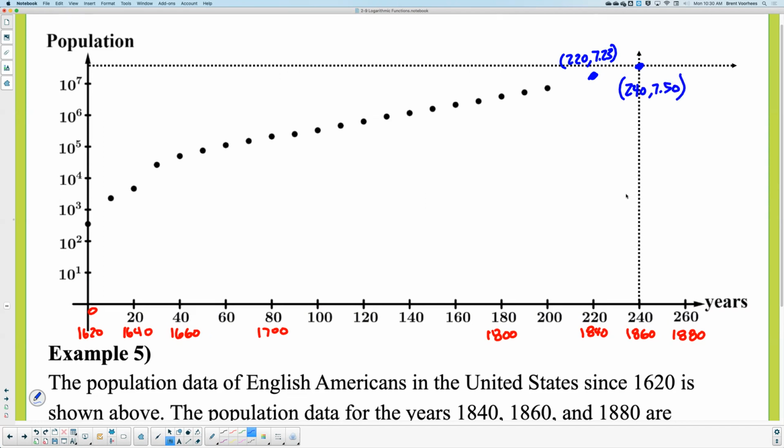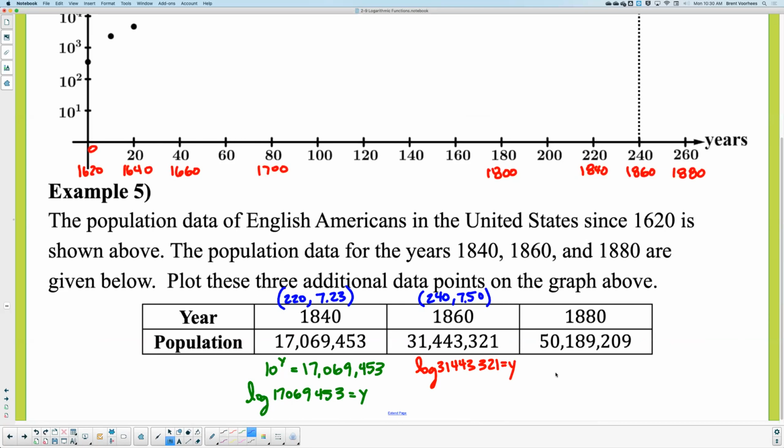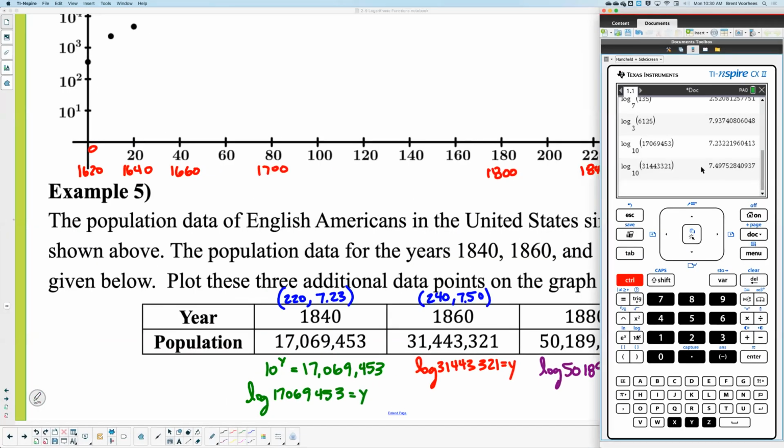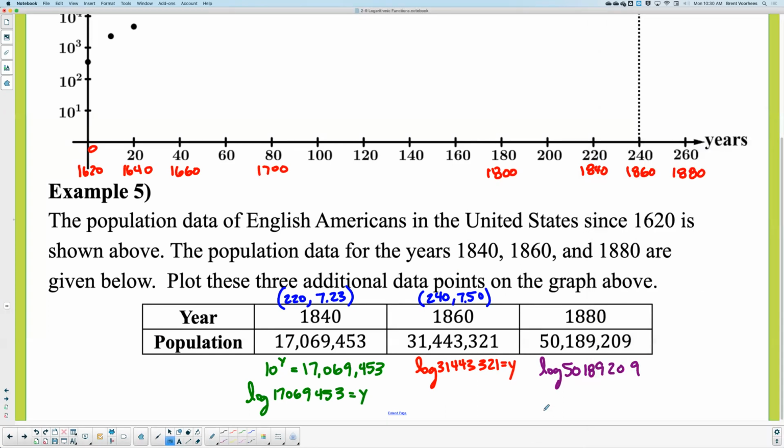And then finally our last one. We'll take log of 50,189,209. Leave the base blank. Log 50,189, was it 209? Yeah. 189,209. I'm getting 7.70.